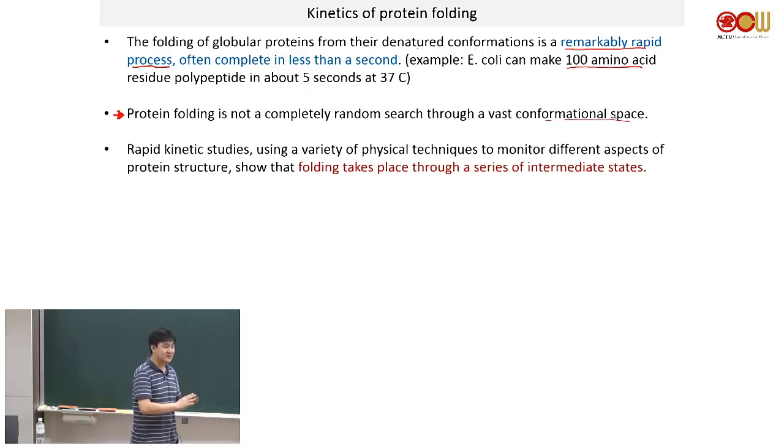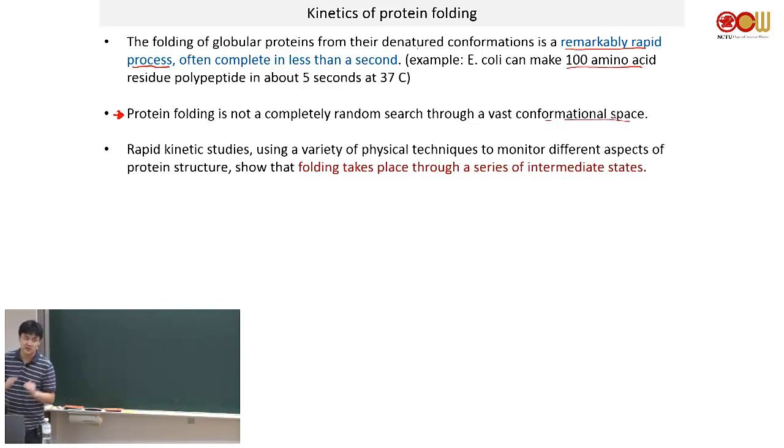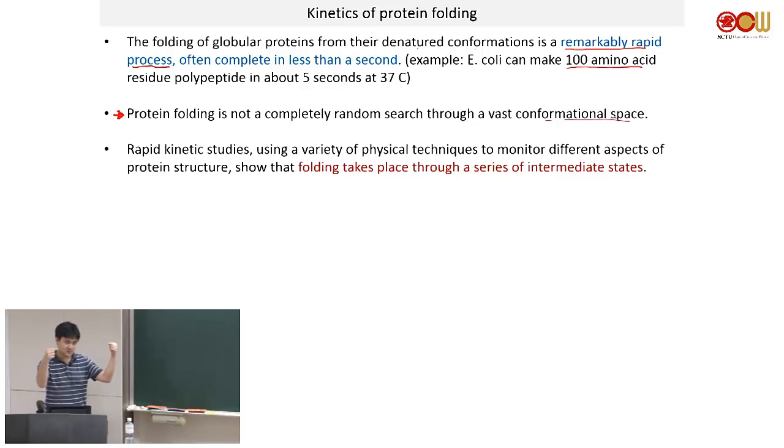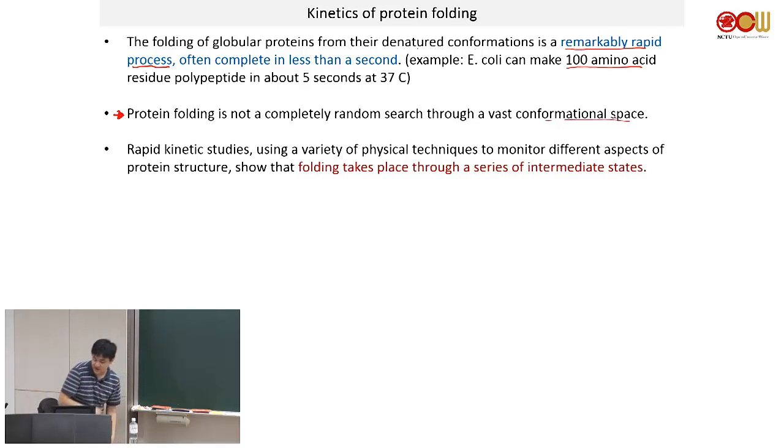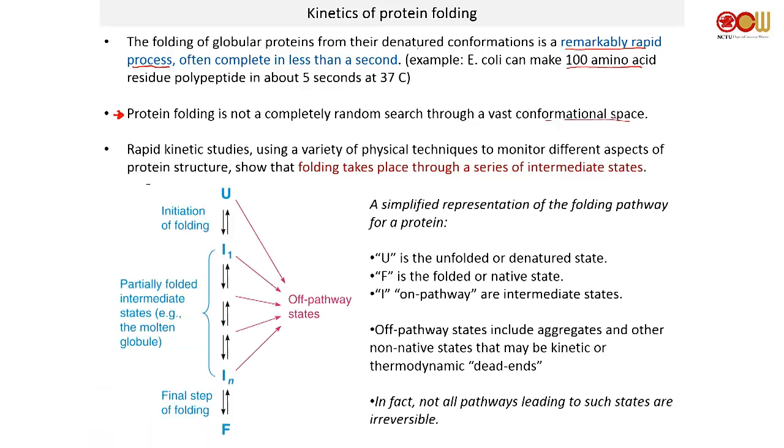Now, protein folding is not like that. It's not a completely random process. After you fold a little bit, immediately you don't go to the other random states. So you'll see in just a minute. This is called the funnel theory. A rapid kinetic study using a variety of physical techniques to monitor the different aspects of protein structures, we can show that folding takes place through a series of intermediate states.